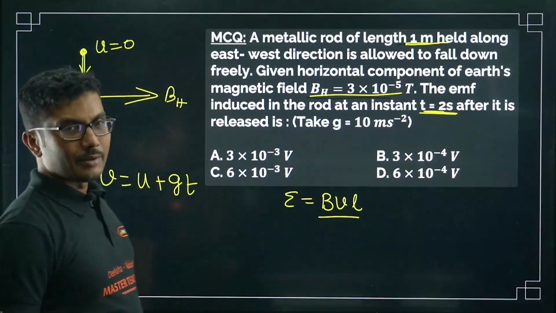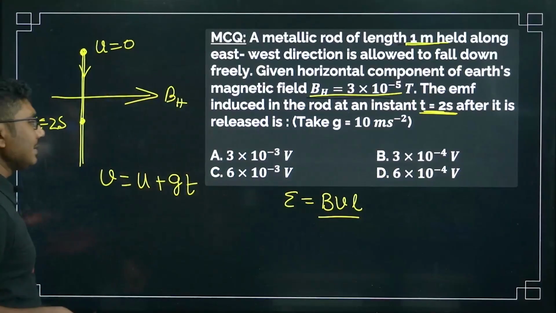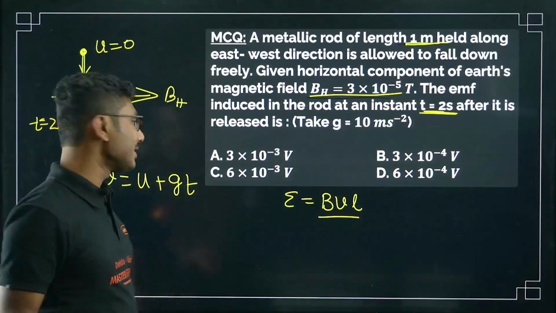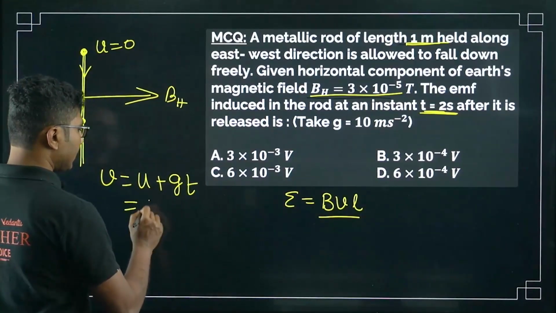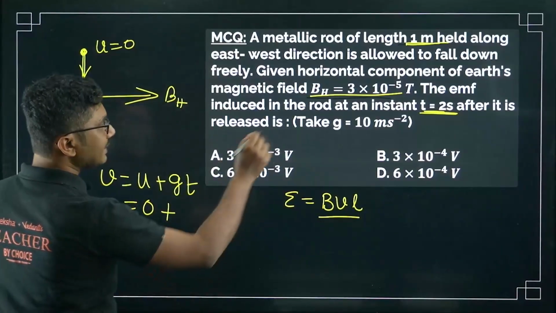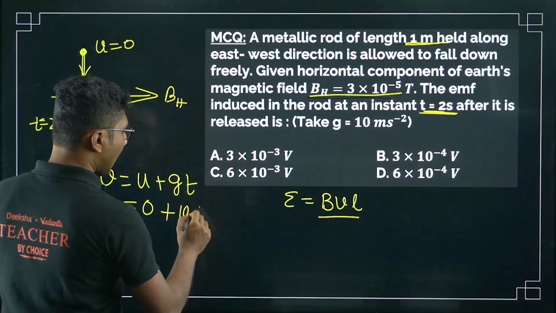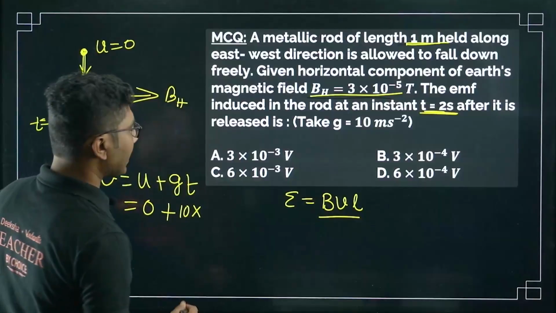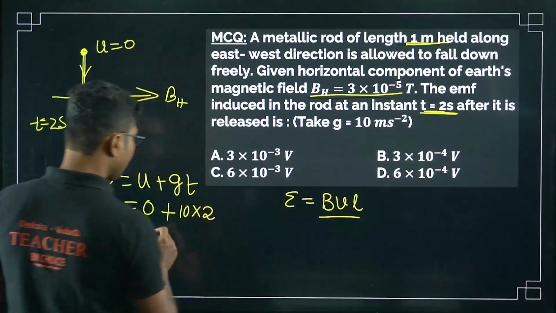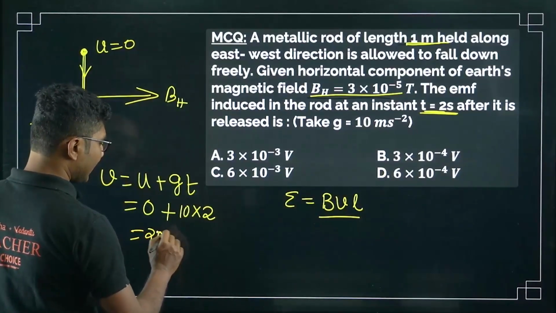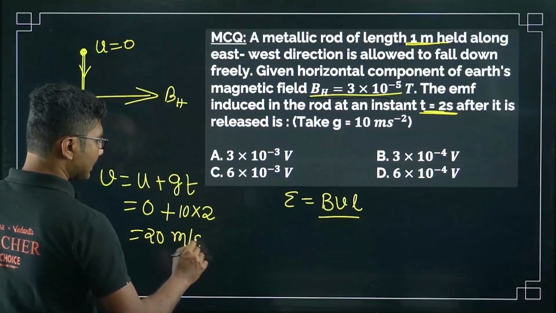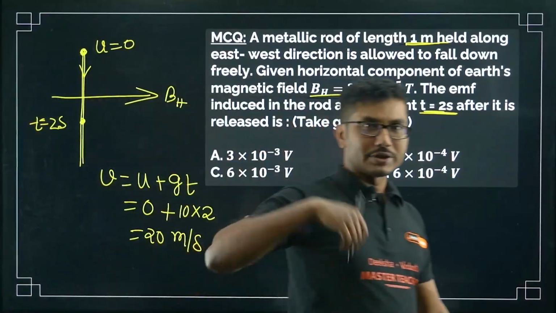Why gt? Because it is falling under gravity, so the acceleration is gravitational acceleration, so gt. So u is 0, g is given as 10, and time is given as 2 seconds. So the final speed is 20 meters per second as it is falling towards the ground.